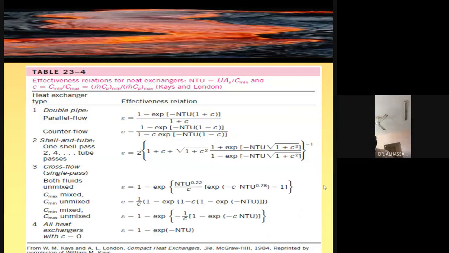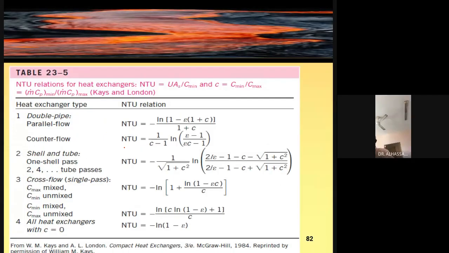Okay, so these are different configurations that are available in the literature. Depending on the configuration, the effectiveness of the heat exchanger can be calculated using this equation for a double pipe parallel flow situation, counter flow situation also. This is for a cross flow, single flow, like this. Again, these are other relations that are available in the literature.